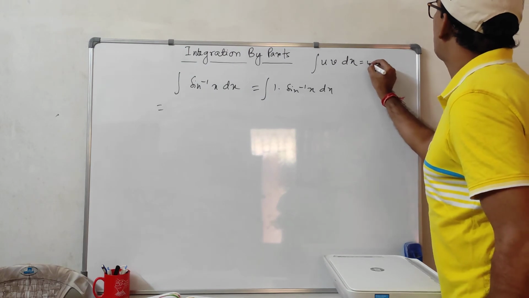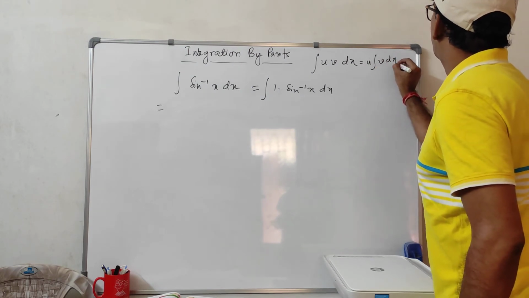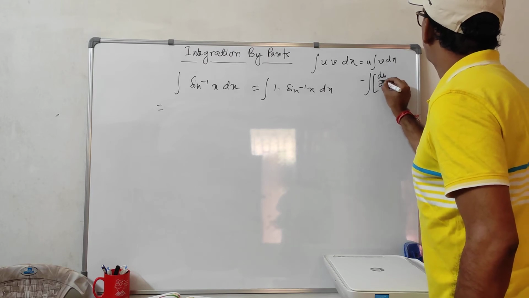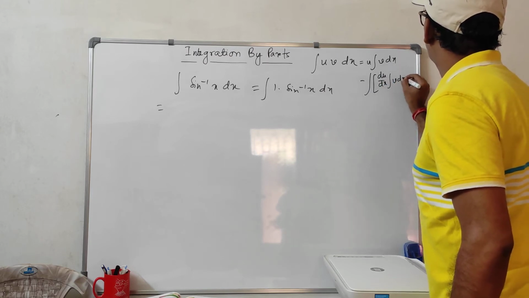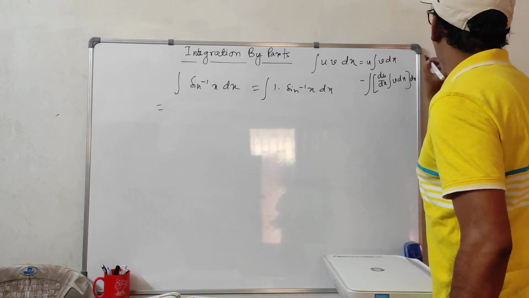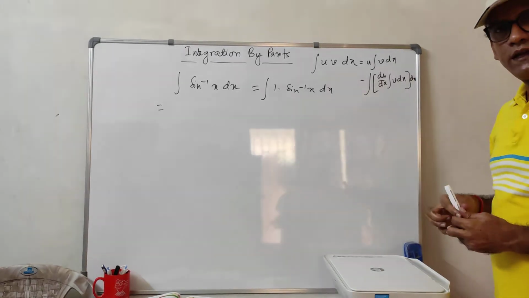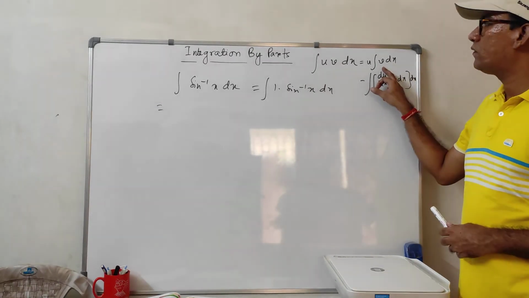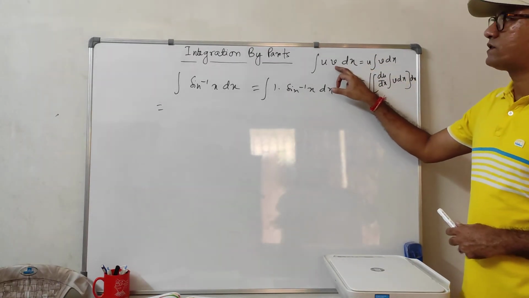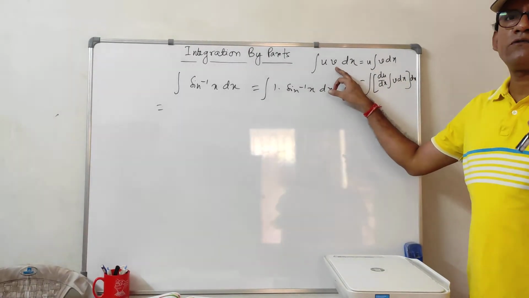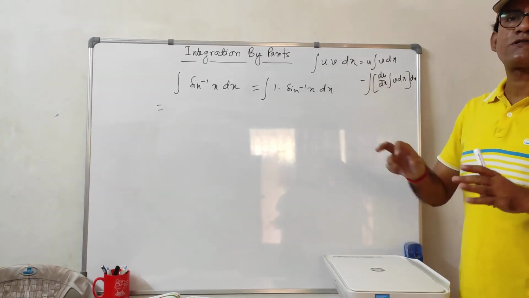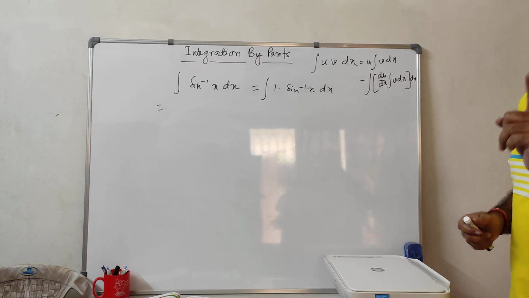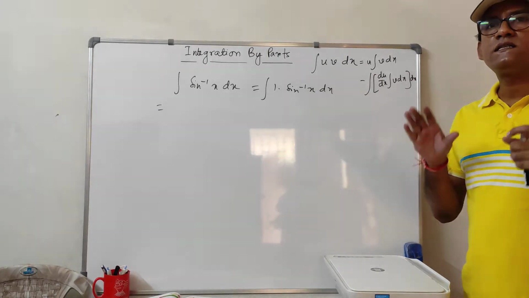Integration u v dx equals u integration v dx minus integration of du by dx times integration v dx, whole dx. So you have to integrate v. So which function you take as second function, that must be integrable. You have to take that function as second function which is easily integrable.